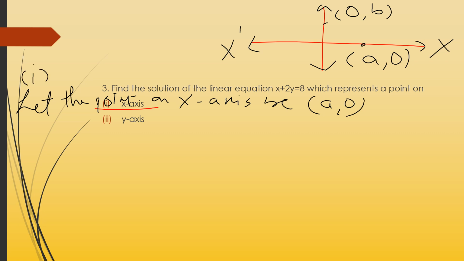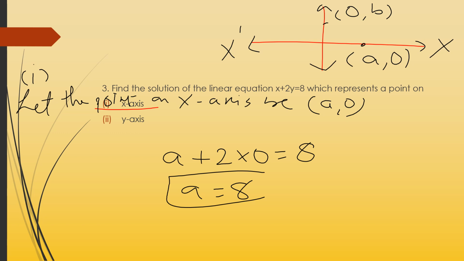Here I am doing the first part solution. So what is your x value? a plus 2 into 0 is equal to 8. Clearly the value of a will be 8. So what will be your first part solution? It is (8, 0). And for the y coordinate, I am not writing the statement. You do it on your own.